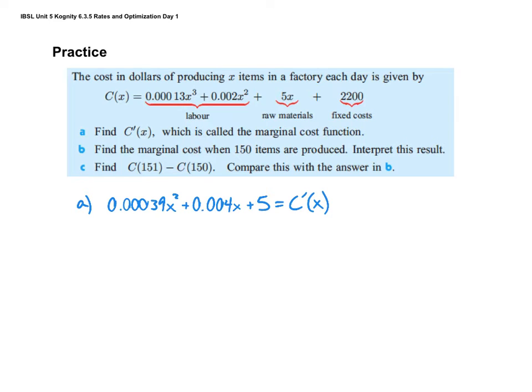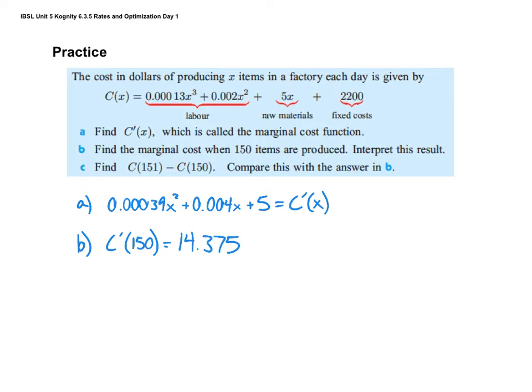Now this asks us to find the marginal cost when 150 items are produced. So if I plug 150 into C prime, we get 14.375. Now what does this mean?